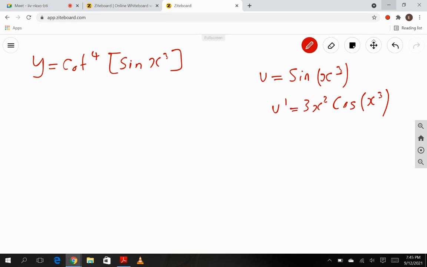So dy dx, you get the 4. Then what you're going to do is it's going to be cot. So it's going to be what? Cot u.